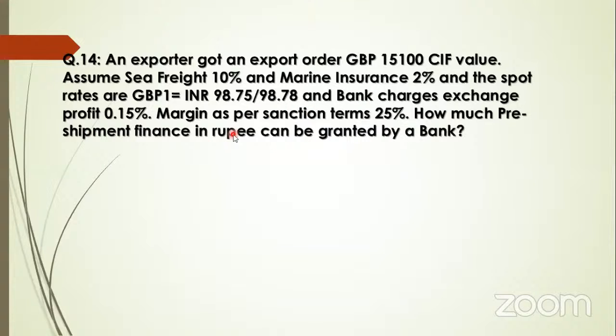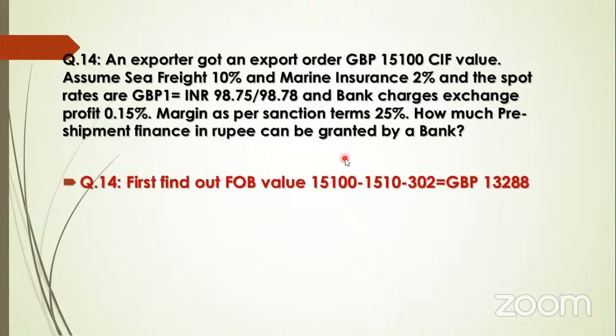The packing credit can now be given in rupee also, or in the same currency, or in another convertible currency, because they will watch the interest rate, which is a benefit for the exporter. Is a foreign currency loan beneficial for the exporter nowadays? That question also they are asking. Whether you can give the packing credit, that is a theory question. Now I am focusing on numerics because time you don't have.